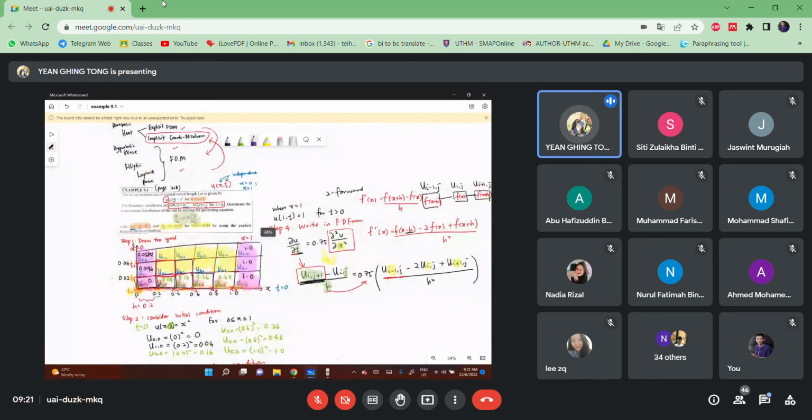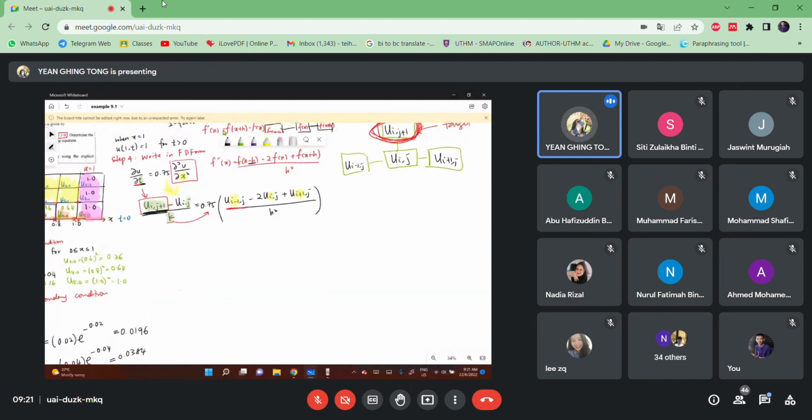Sekejap. So we will have to put u(i, j plus 1) to the left, and the rest we put on the right. So kat sini u(i, j plus 1) equal to k over h square, and here 0.75 times u(i minus 1, j) minus 2u(i, j) plus u(i plus 1, j), this one.